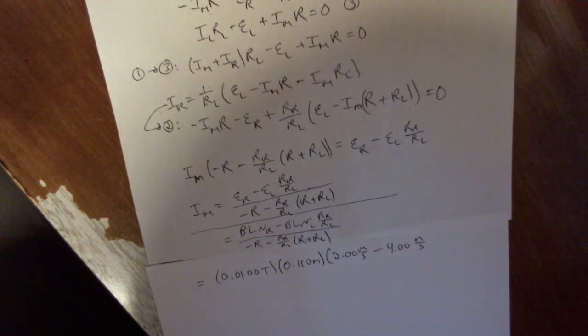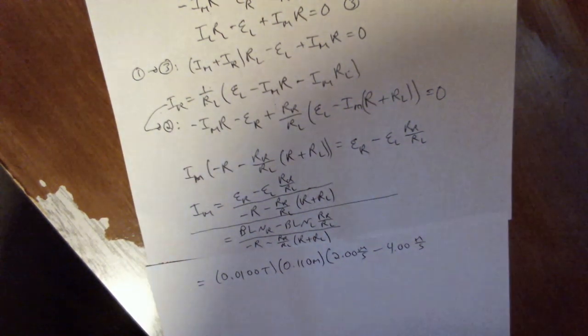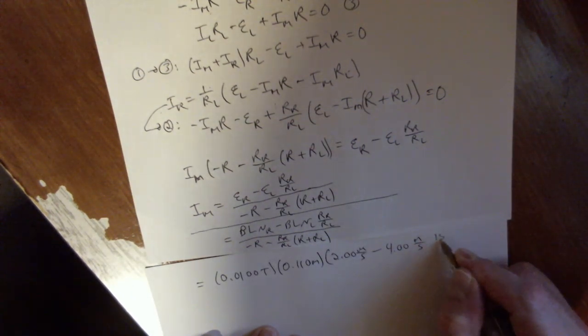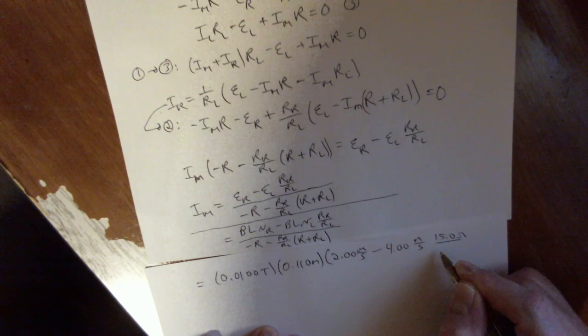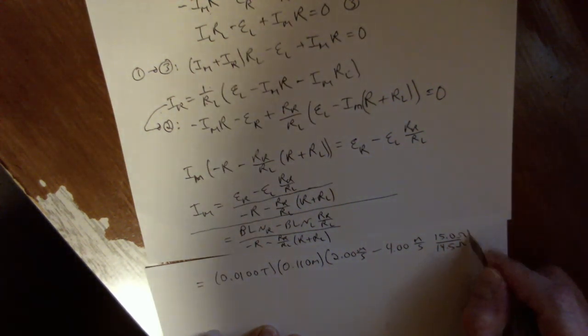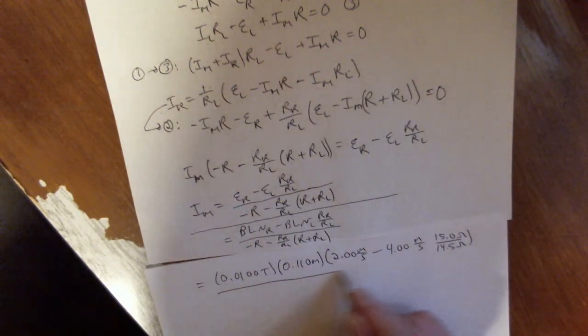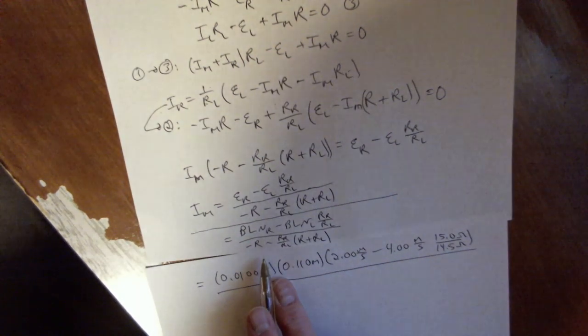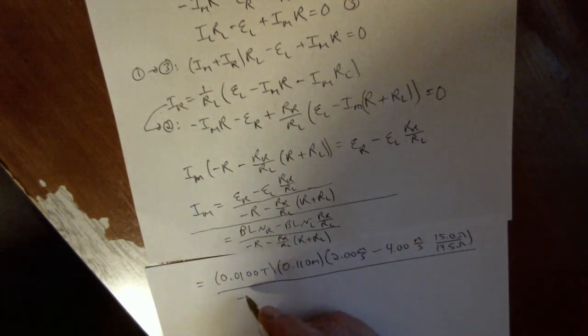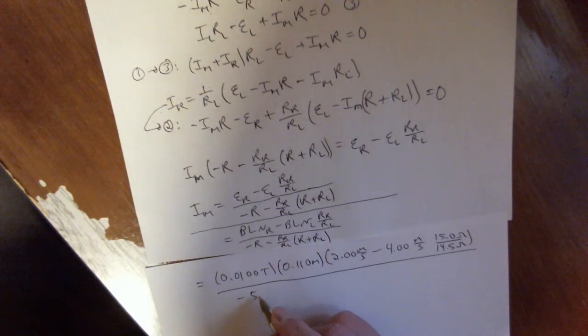R right from the picture is 15 ohms, which makes R left 14.5 ohms. So 15 ohms over 14.5 ohms divided by minus, I'll take the minus, minus R. R is the middle resistor, so that's 5 ohms.